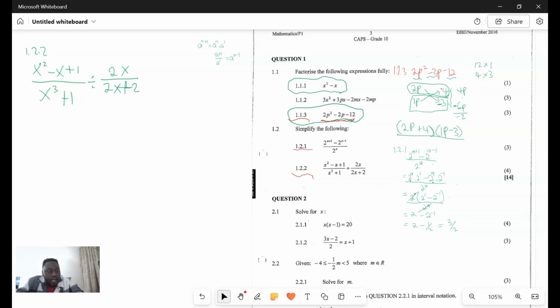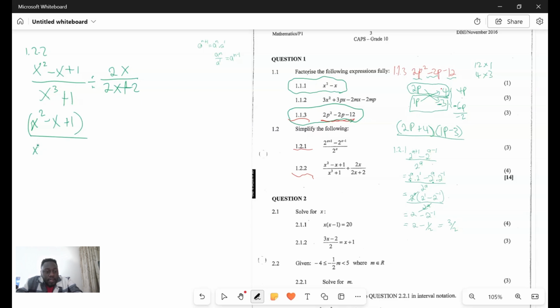So when it comes to the x squared minus x plus 1, just keep it the way it is, because if you try to factorize this, there are no factors. So we'll just say x squared minus x plus 1, and then underneath you are having x cubed plus 1.